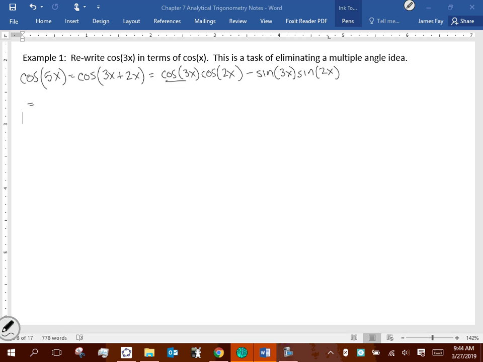Cosine of 3x we just found, right? Cosine of 3x was 4 cosine cubed x minus 3 cosine x, right? Okay. Cosine 2x, well, we know that is the same thing as 2 cosine squared x minus 1, right?